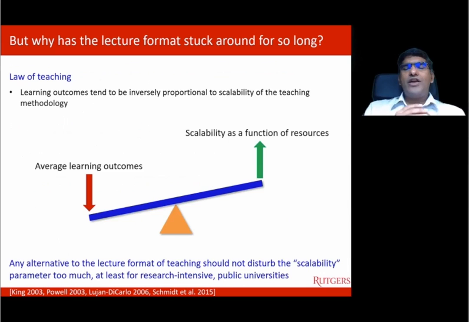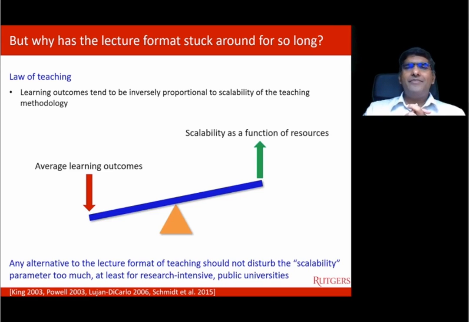And one way to fix this is by changing our pedagogical style. But why haven't we changed that so far? Why is the lecture format so ubiquitous around the university environments? And the reason has to do with somewhat of what I call the law of teaching: that the learning outcomes tend to be inversely proportional to the scalability of the teaching methodology.